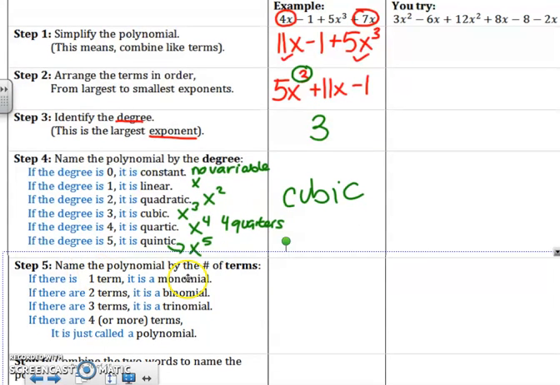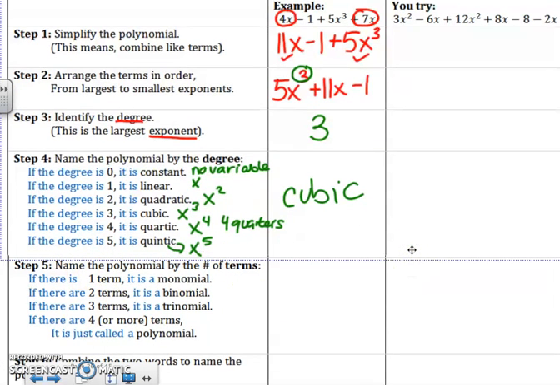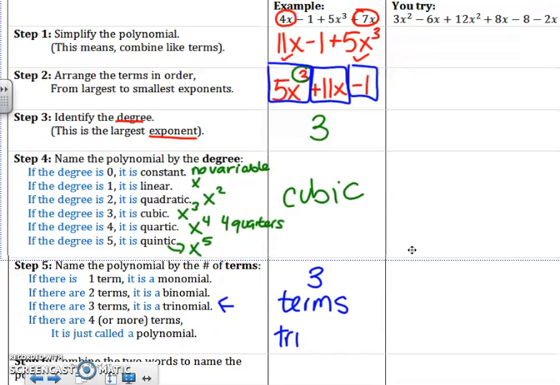You also have to base it off of the number of terms. So terms are how many numbers are up there, kind of. So here is 1 term, 2 terms, 3 terms. So I have 3 terms. And that would mean it is a trinomial. Okay.